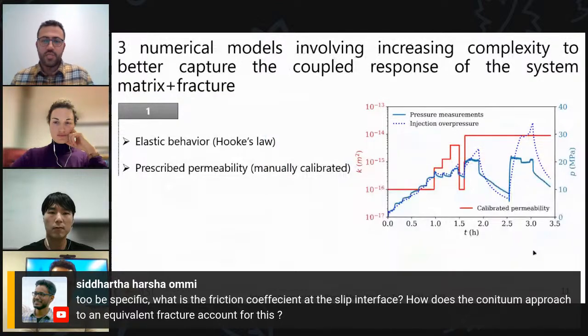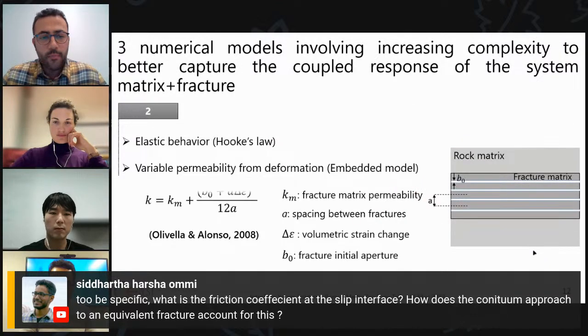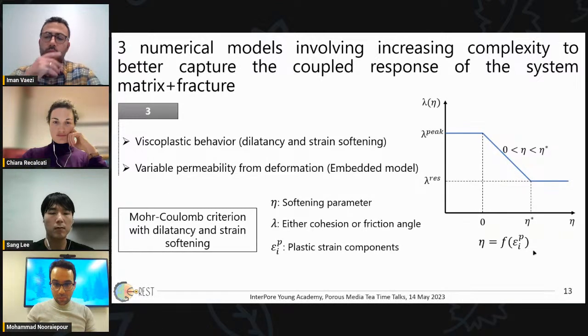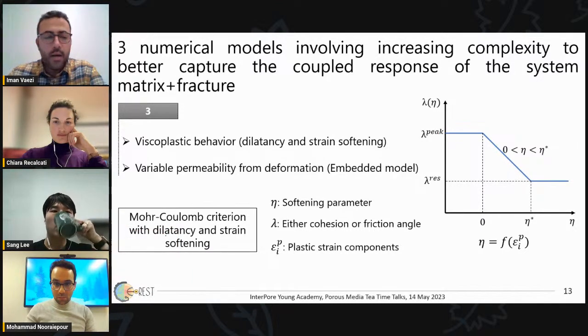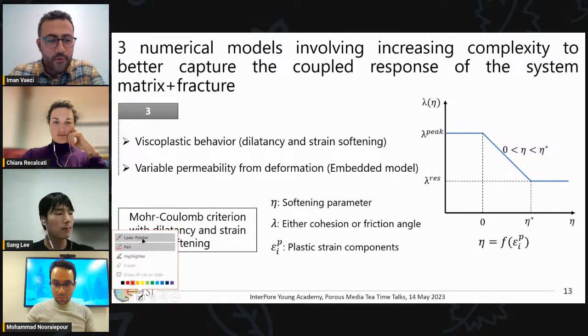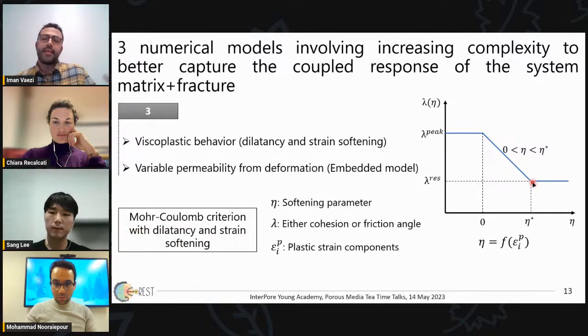So the friction coefficient in the first two models is constant, around 23 degrees. But in the viscoplastic model, at the peak we had the same, but at the residual it can decrease until 20 degrees.